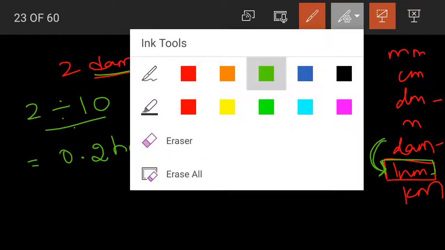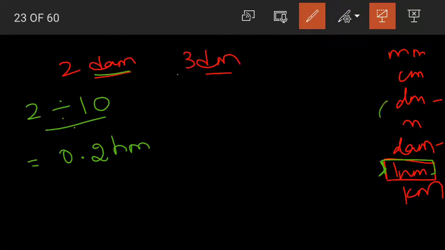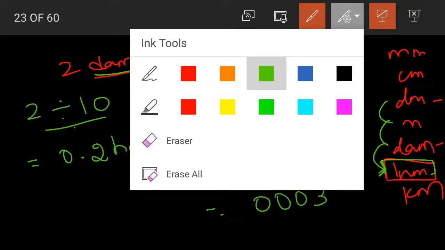Now next 3 decimeters. From decimeters 1, 2, 3. We have 3 jumps. So 3 divided by 1000. How do we divide 3 by 1000, children? First write like this. The denominator is a 4-digit number. So we'll write the numerator also as a 4-digit number by adding 3 zeros at the front.